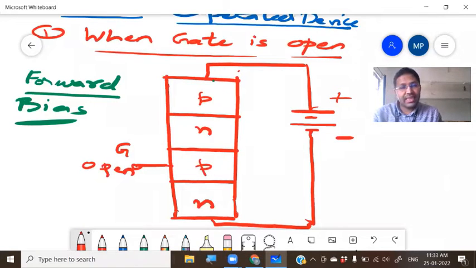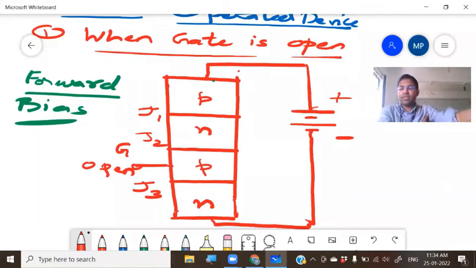See here we have three junctions. This is junction J1, J2, and then junction J3. Now let us see whether they are forward biased or reverse biased.